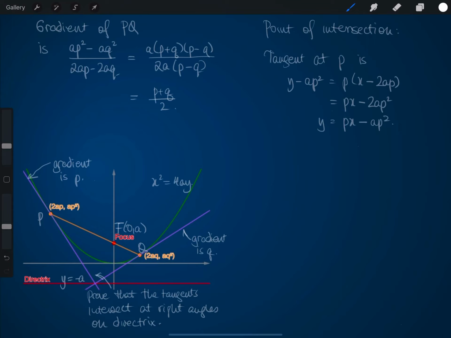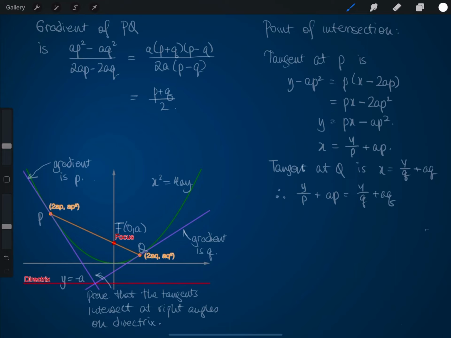And because we want to find the y value for the intersection, let's rearrange this equation to be x equals y on p plus ap. And we'll have a similar looking equation for the tangent at Q, right? So x equals y on q plus aq. So for the intersection, the x values are the same. And so y on p plus ap equals y on q plus aq.